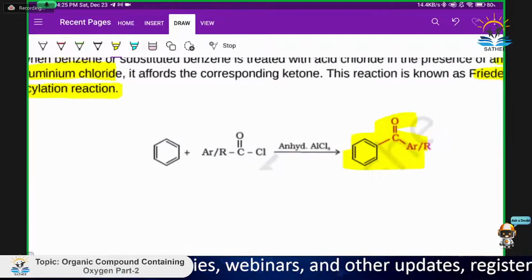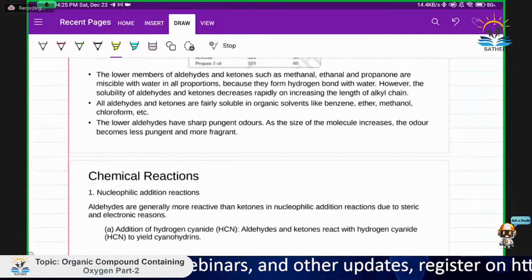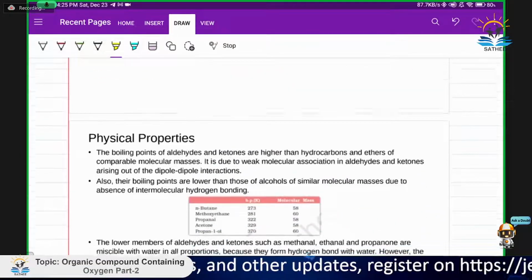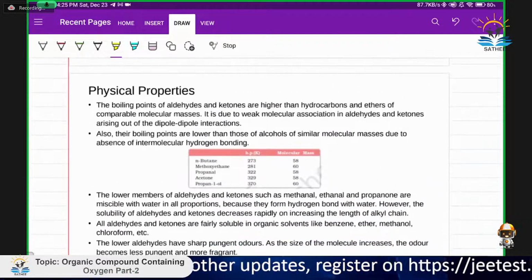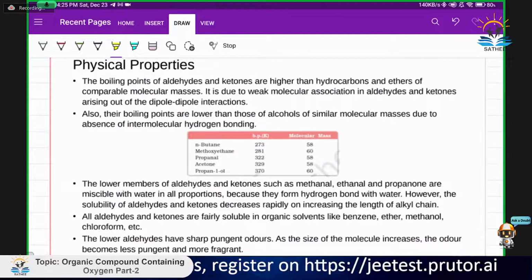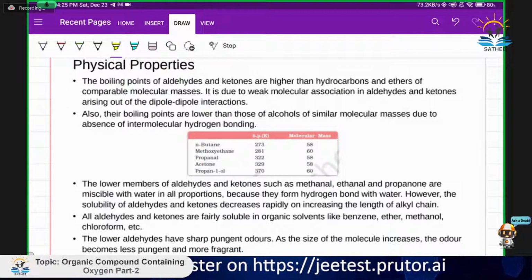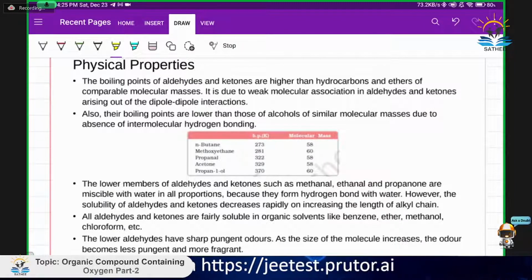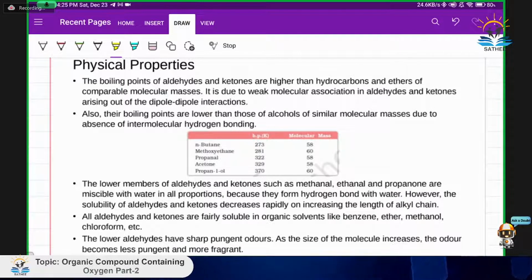Now we will see some physical properties of aldehydes and ketones. The boiling points of aldehydes and ketones are higher than hydrocarbons and ethers of comparable molecular masses. It is due to weak molecular association in aldehydes and ketones arising out of dipole-dipole interaction. So we know that in the carbonyl group the C=O bond is polarized.